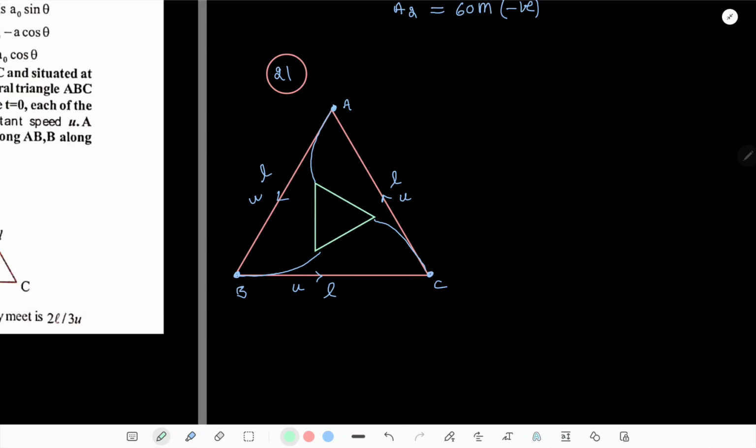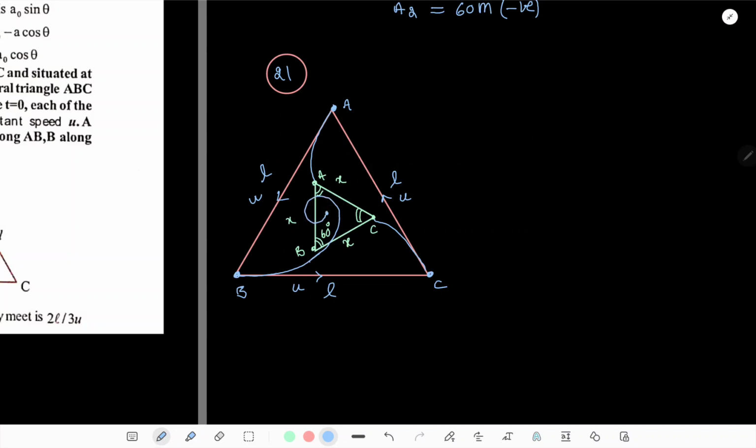And let's say now this distance L becomes x, as well as x here and x here. So this will be the point A, this will be the point B, and this will be the point C. You know this angle is 60 degrees, and every angle is 60, 60 and 60, and thereafter this triangle will decrease and decrease, and these particles will meet exactly at the centroid.